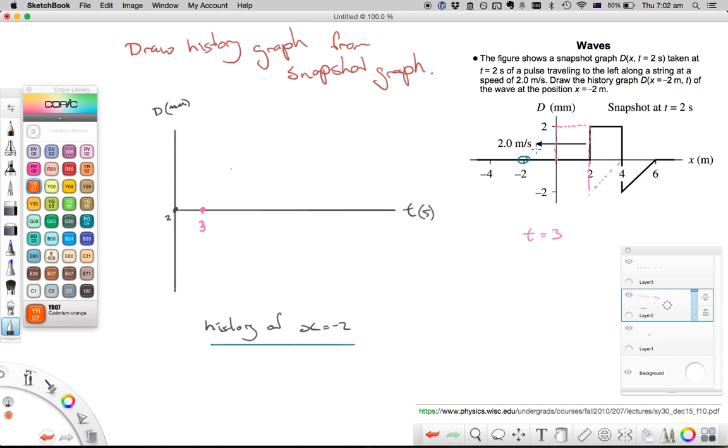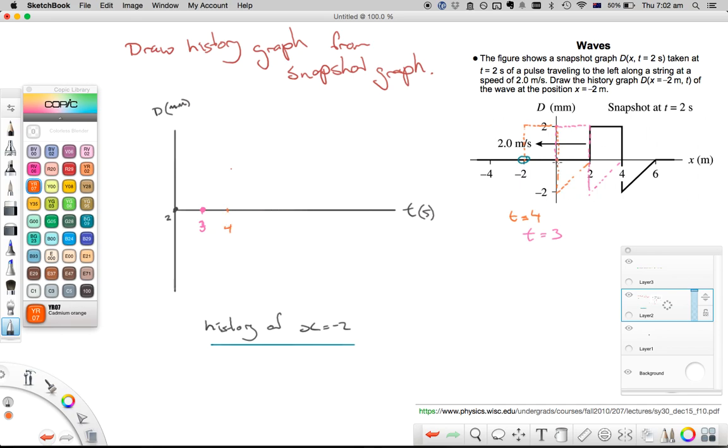Next, after another second, we're still moving this way. In the next second, this wave crest is going to move another 2 meters, so our wave is going to look like this, after another second, which will be t equals 4 seconds.